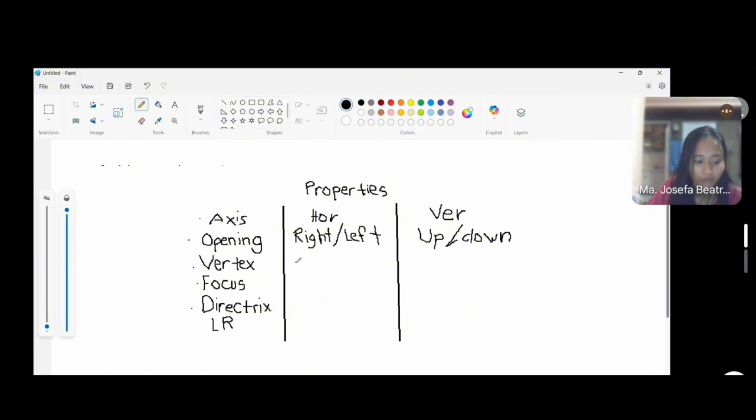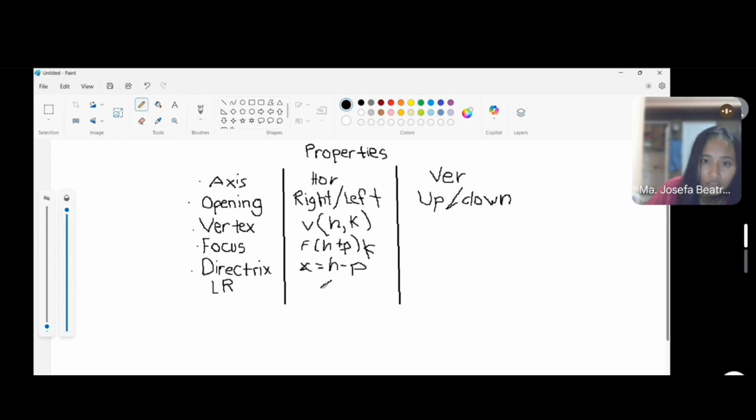So now for the vertex of our horizontal parabola, it is v quantity h comma k. And then for our focus, it would be f quantity h plus p comma k. Then our directrix would be x equals h minus p. And then lastly, our latus rectum would be just 4p.